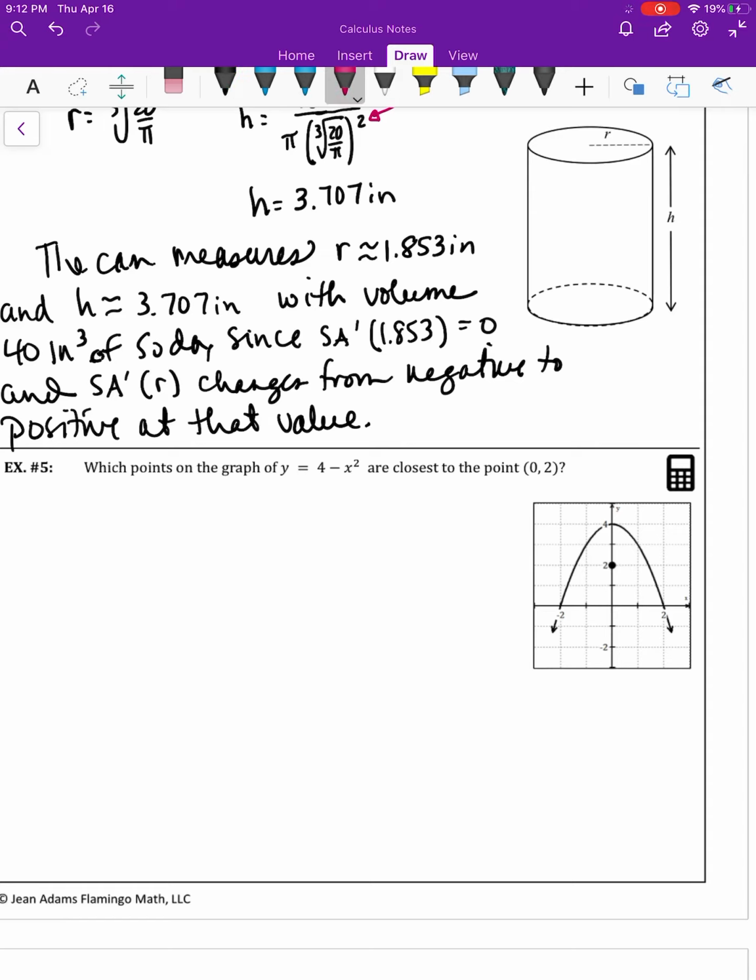Okay, I didn't write that down. I didn't know if you needed it, but I thought I'll just talk about that since I saw that mistake. Okay, example number 5.